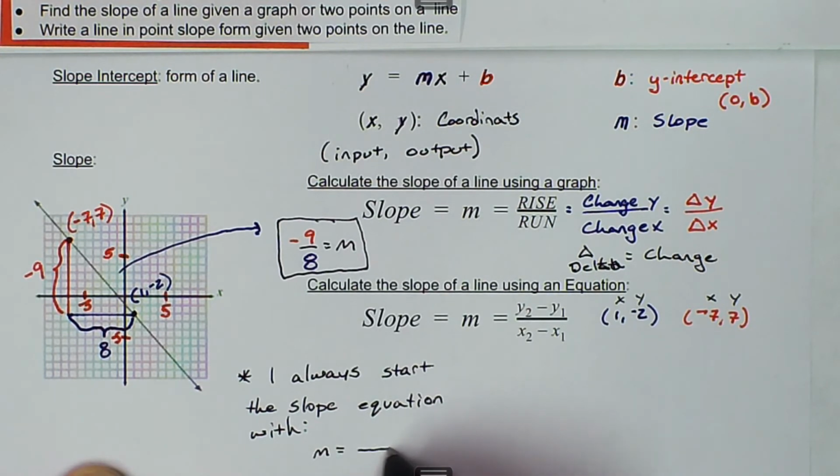M equals, I put a big division sign and a minus and a minus. So whenever I'm calculating slope, I don't even worry about x and y. I just make sure I put these minuses and I have the division there.